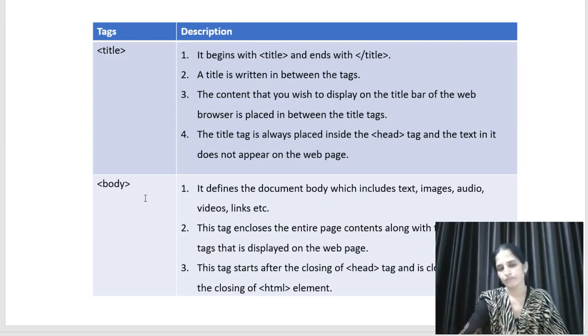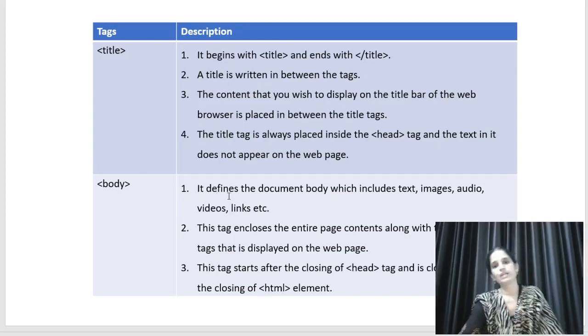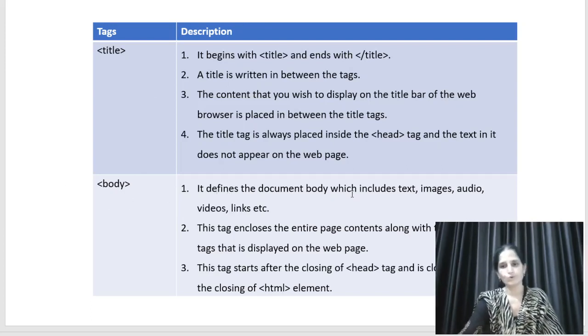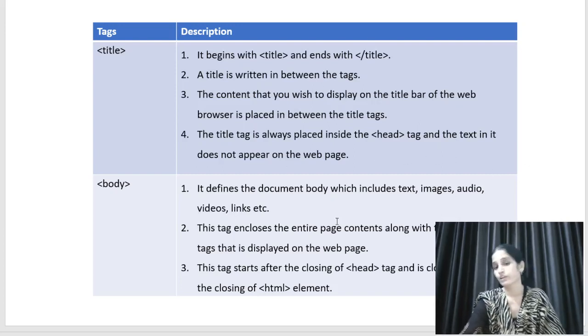And your next and fourth basic structure tag is the body tag. This is a very important tag for creating the web document. It defines the document body, which includes text, images, audio, video, links, etc. We can say your complete content, your whole data, your complete formatting will be enclosed between this body tag.